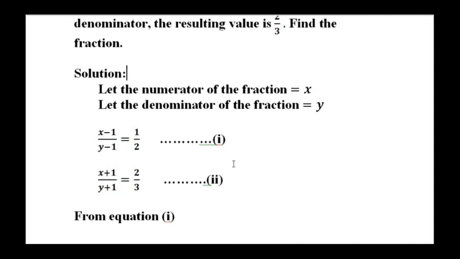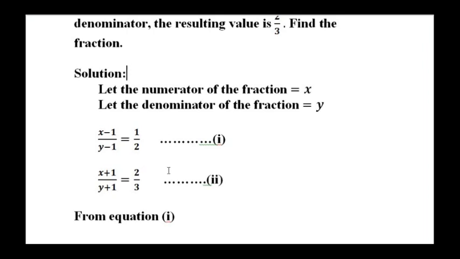Therefore, (x + 1)/(y + 1) = 2/3. I label these two equations as equation 1 and 2. We have a system of linear equations that can be solved using either the elimination method or the substitution method.